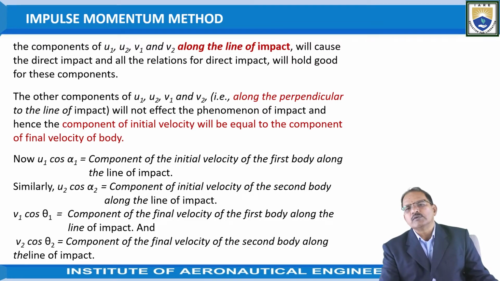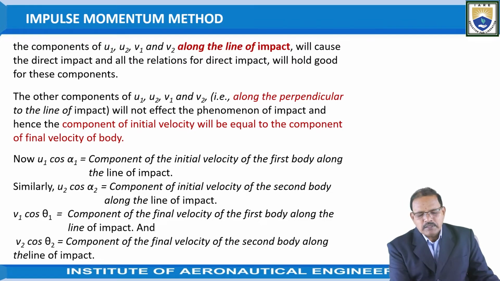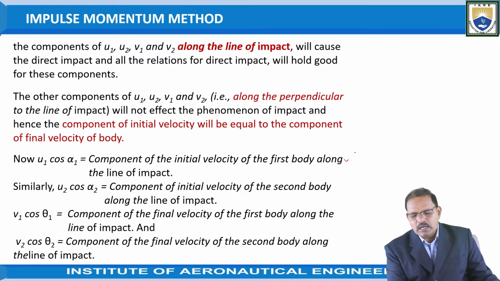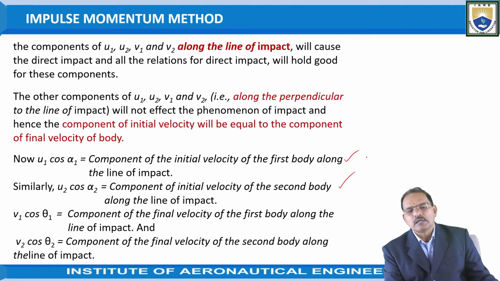Hence, we consider only the components of velocities in the direction of the line of impact. That is, u1 cos alpha 1 represents the component of the initial velocity of the first body along the line of impact. Similarly, u2 cos alpha 2 represents the initial velocity of the second body.